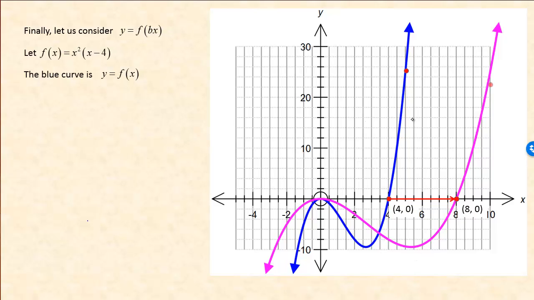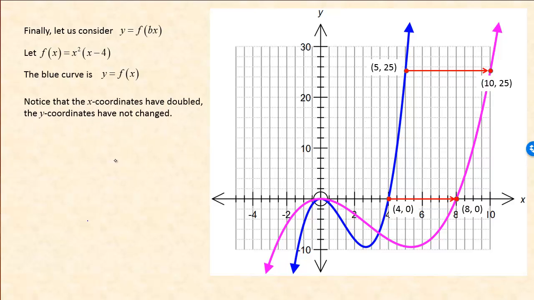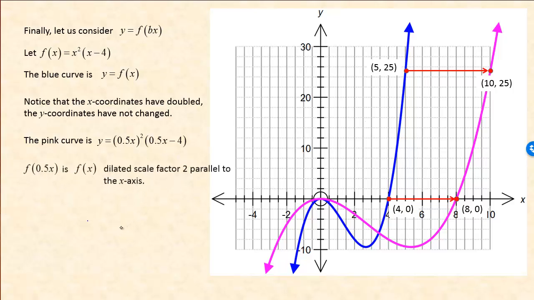Here's another reference point. So that's 5, 25. This one is 10, 25. Notice that the x coordinates have doubled. The y coordinates have not changed. The pink curve is y is 0.5x squared times 0.5x minus 4.